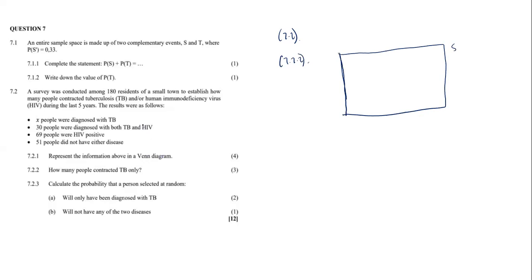How many events do we have in this scenario? We have 2 events, event TB and event HIV. So we need 2 circles in our Venn diagram to represent these 2 events. That's the first question.